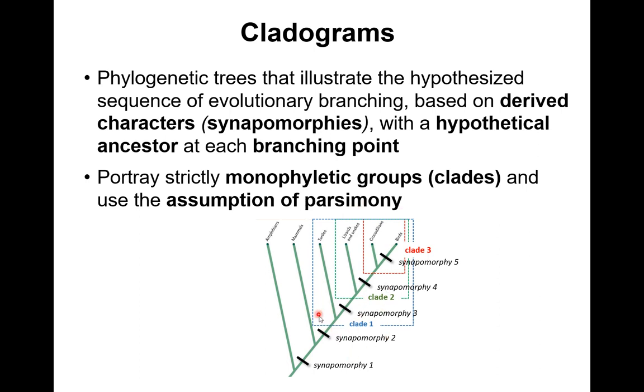So look at this example. There will be more than 3 clades, but here this will be one clade, one monophyletic group. This is another clade, so it has the common ancestor and all the species generated from there. This is another clade. Now the common ancestor is here, and these are all the organisms that have originated from that common ancestor.